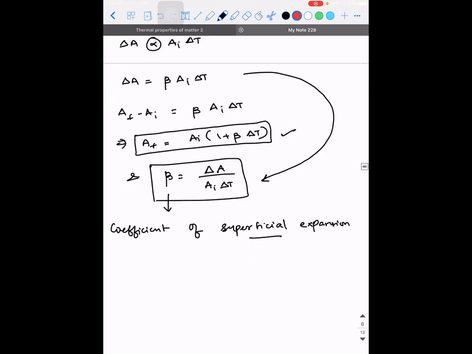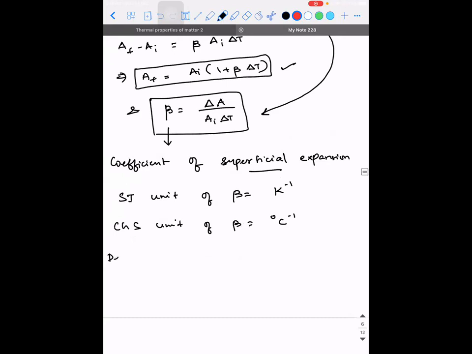Similarly, what is going to be the SI unit of beta? It is the same, Kelvin inverse, because the numerator is area, the denominator is area into temperature. So the dimensions of area will get cancelled, only temperature will be left out. Similarly, the CGS unit of beta will be degrees Celsius inverse.